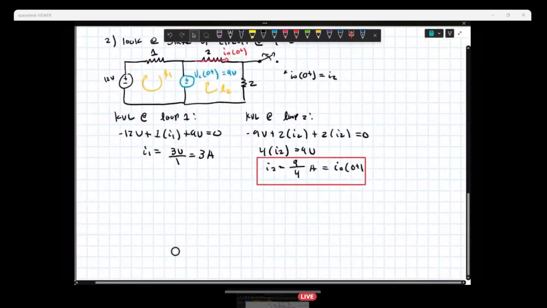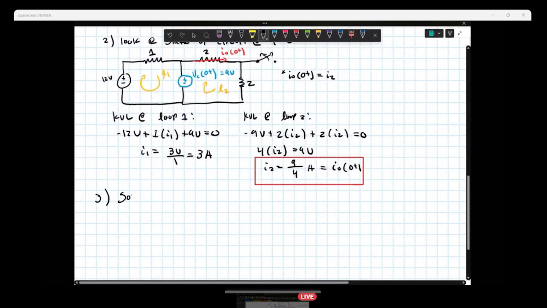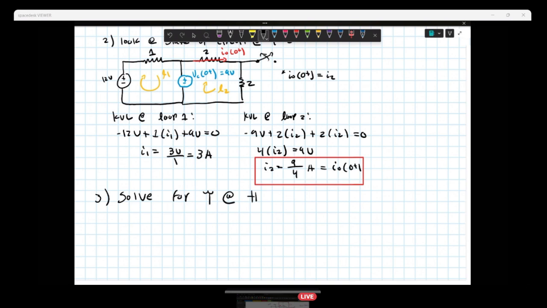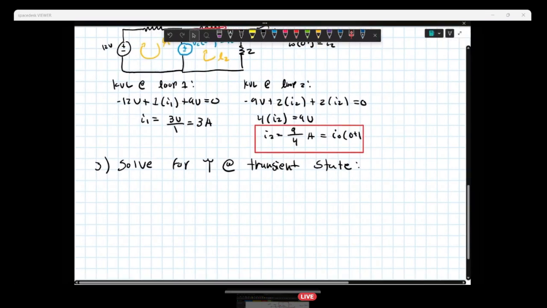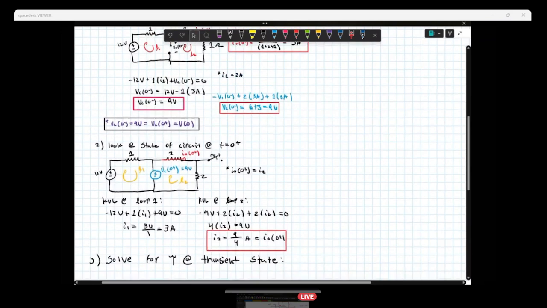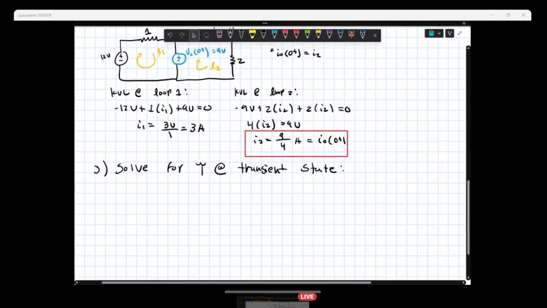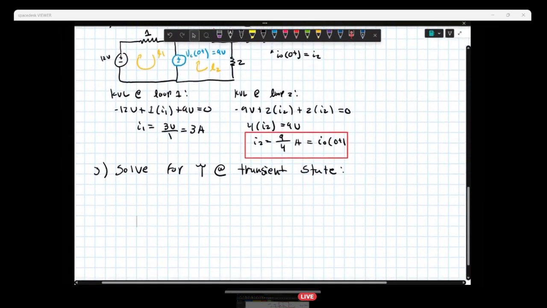Okay. I solve for tau at transient state. That means when the circuit is fluctuating, so when the source is applied or when the switch is flipped, which is at T0 plus. I'll just redraw it.